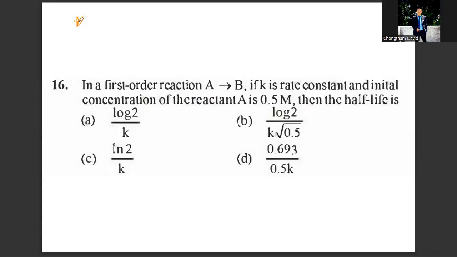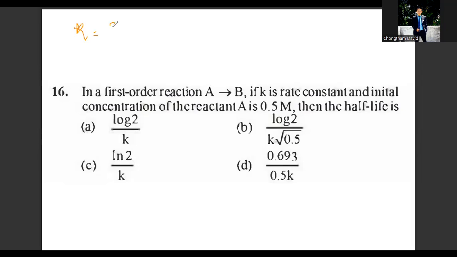So many questions are going to be asked, and the important point you have to remember is that first order reaction is frequently asked in the exam. So be prepared for this. Questions can come from first order reaction, log initial by final concentration.